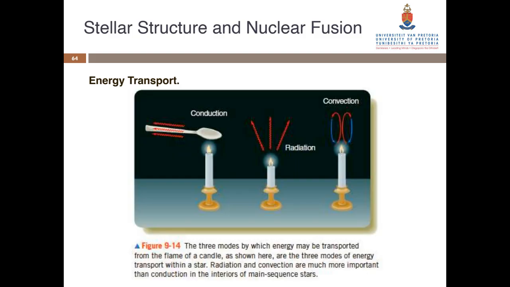So this is a good visualization of conduction: the heat in this part of the spoon will feed the heat in the handle. Radiation: if you are sitting next to a fire, you are feeling the heat of the fire. And then convection: warm air rises up above a candle flame and cool air sinks.